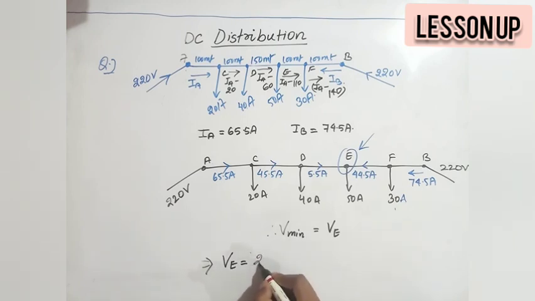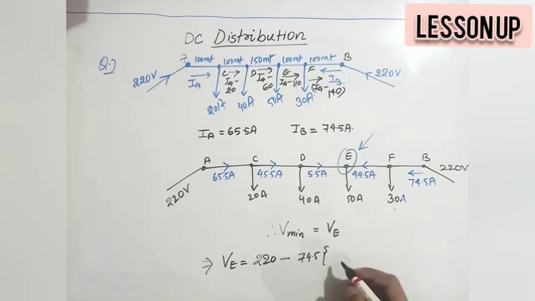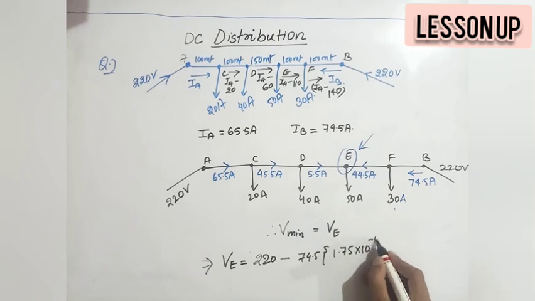So it will be 220 minus. The current is 74.5 and resistance is 1.75 into 10 to power minus 4. There will be two conductors.